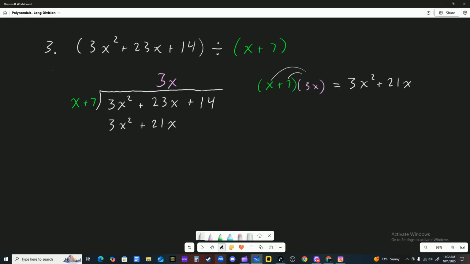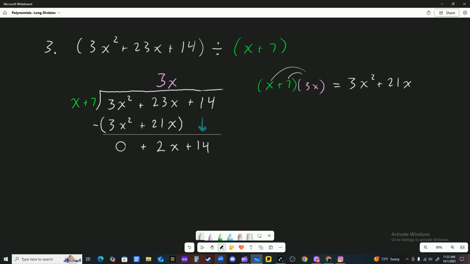And next, we subtract it. So I'm going to put parentheses around the whole thing, because I'm subtracting the whole thing. Subtract. All right. 3x squared minus 3x squared, 0. 23x minus 21x, 2x. Specifically, a positive 2x. We bring down our 14, which means this is now plus 14.